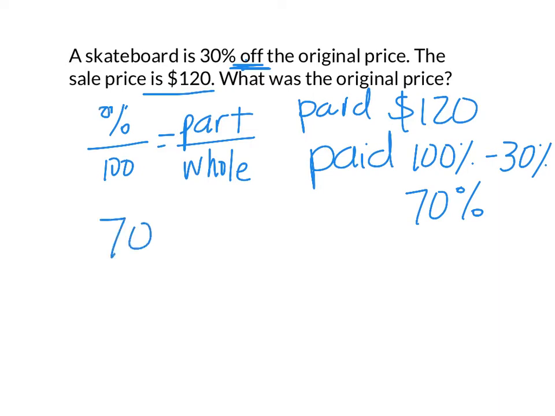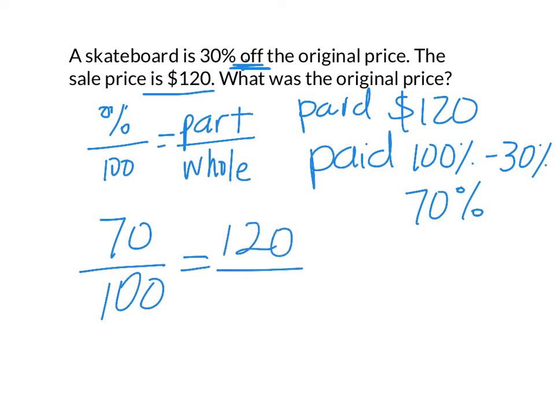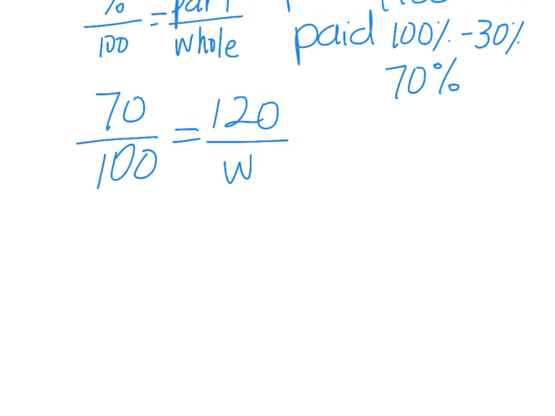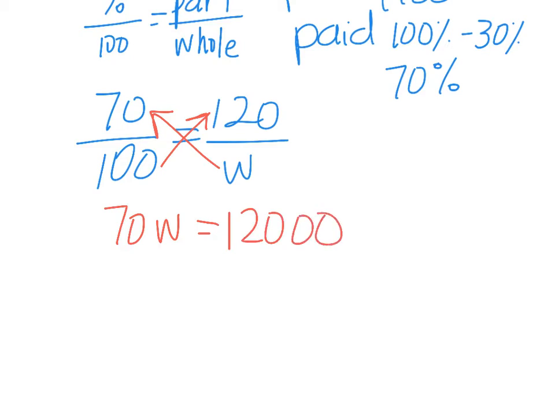They paid 70 part out of 100, and they paid 120 out of what whole? Well, I'm going to use W for whole. So now it's just a question of cross multiplying and solving. So this is 70W equals 12,000.